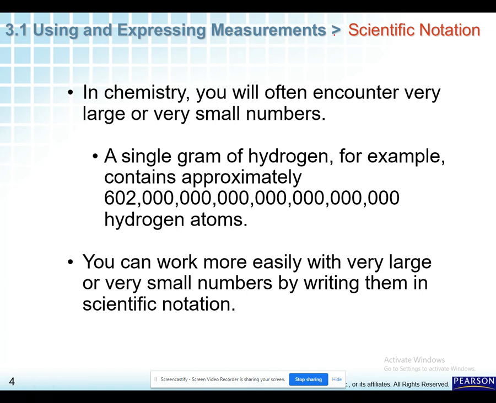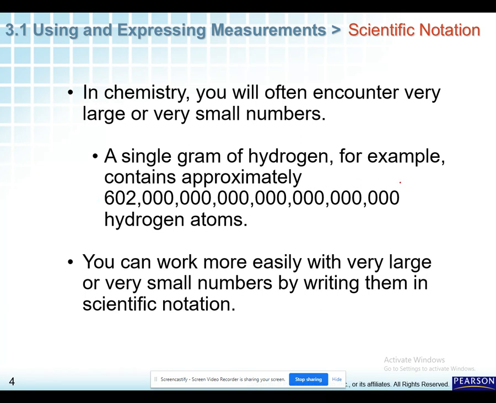So we're going to head into our first section that we're going to learn about. It's called scientific notation. And we have to learn this because in chemistry, we're going to work with very, very large numbers and very, very small numbers. So a single gram of hydrogen contains this many hydrogen atoms. And I'm going to tell you right now, that's a lot of zeros.